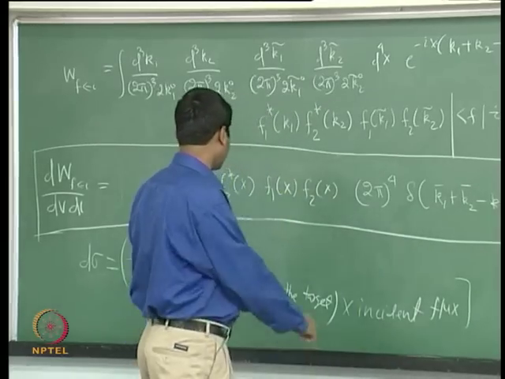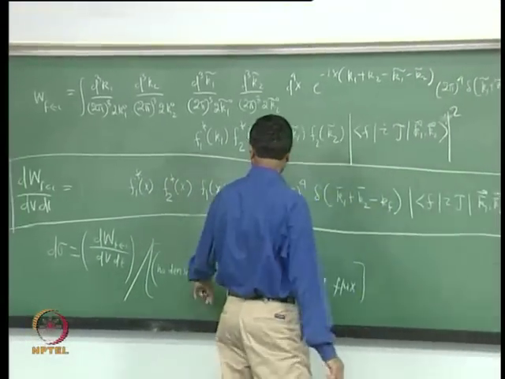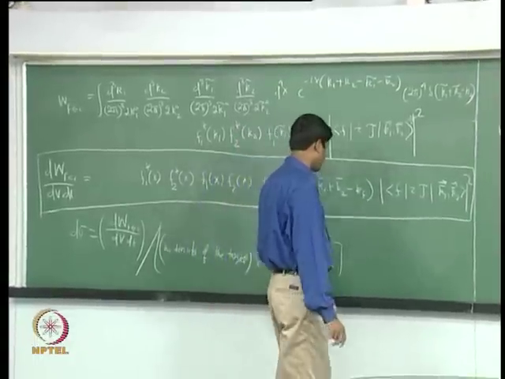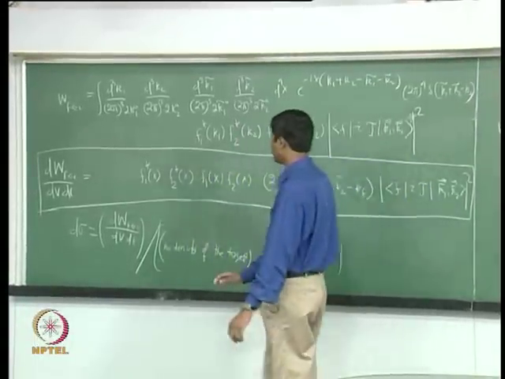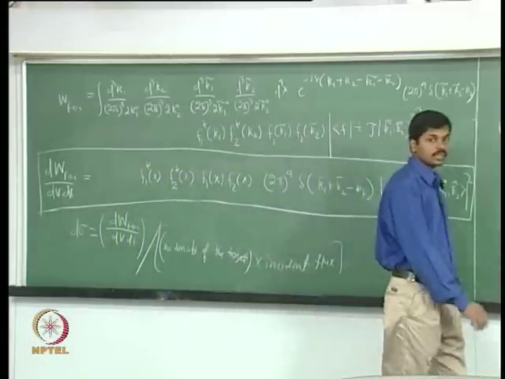So let us derive the formula for the incident flux and the number density for the target, and then plug it here. We will get the formula for the differential scattering cross section.